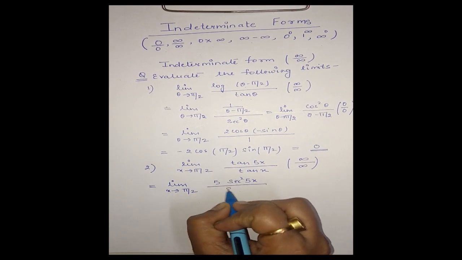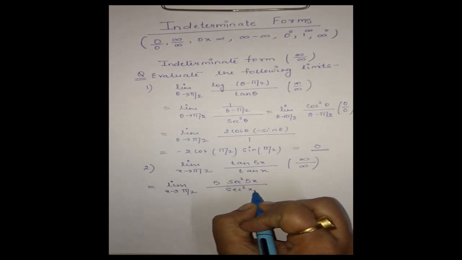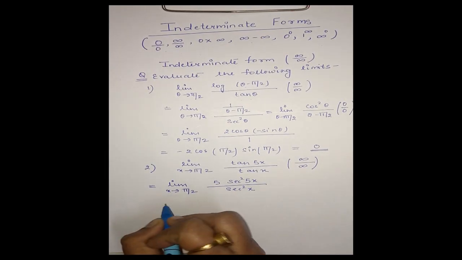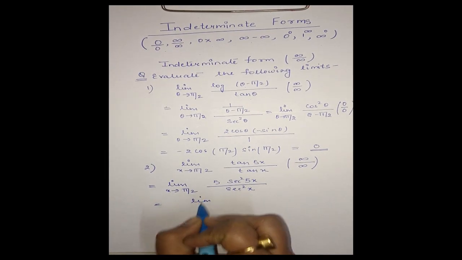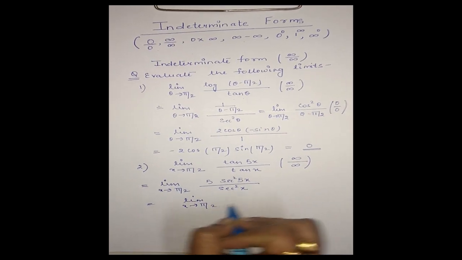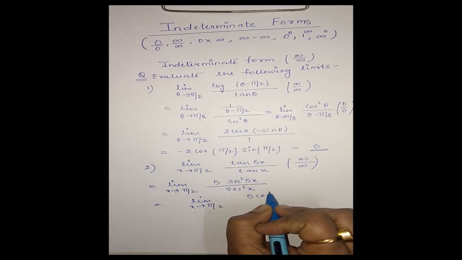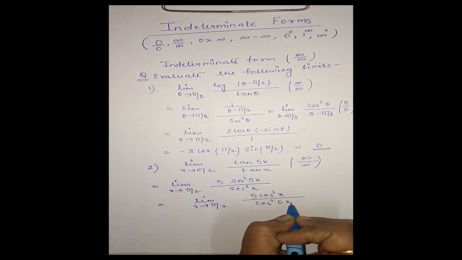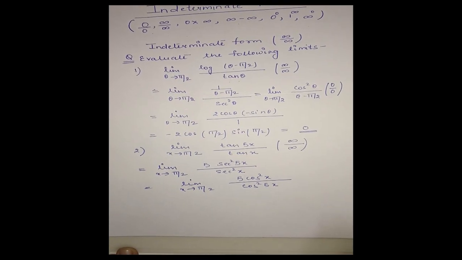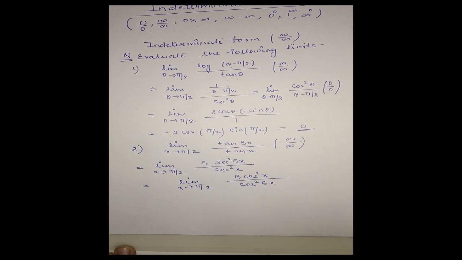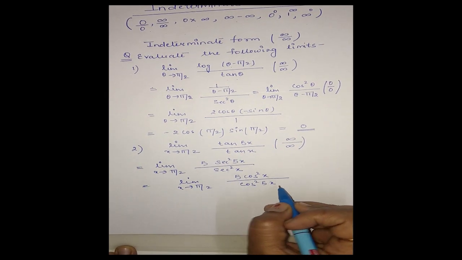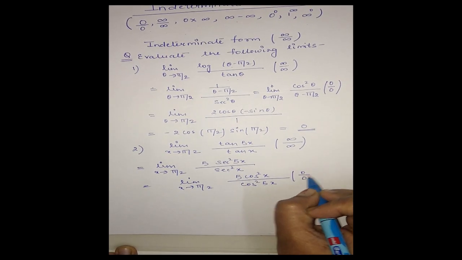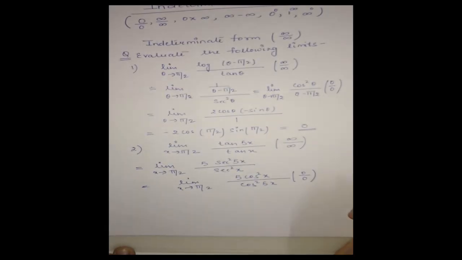Which can be written as limit x tending to pi by 2 of 5 cos square x divided by cos square 5x. I can write like this, and we know cos pi by 2 is 0 and cos 5 pi by 2 is 0. On taking limit we get 0 by 0 form.